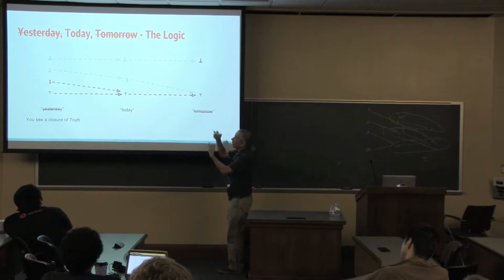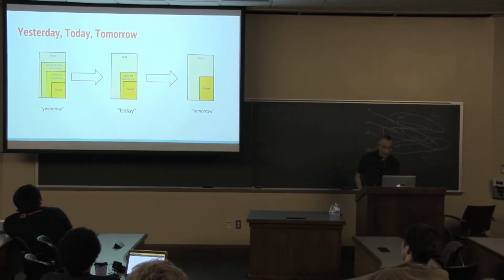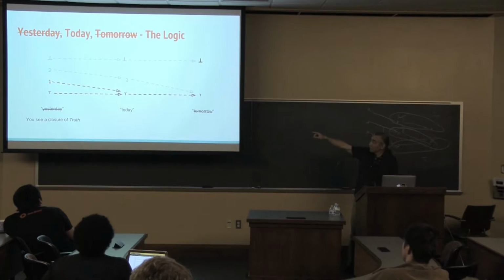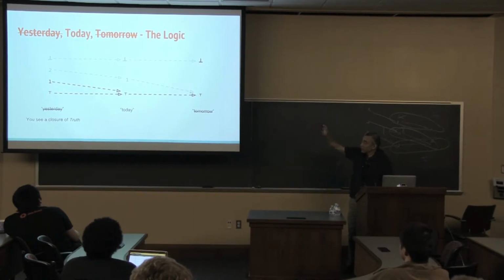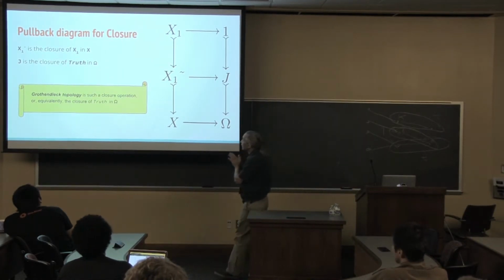So if we go back, coming from here to here, getting that closure can be done through closure only applying to truth. So this is how it is.